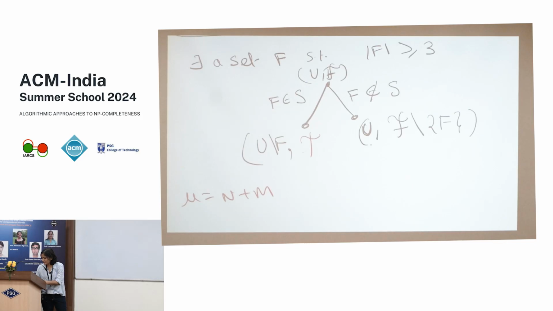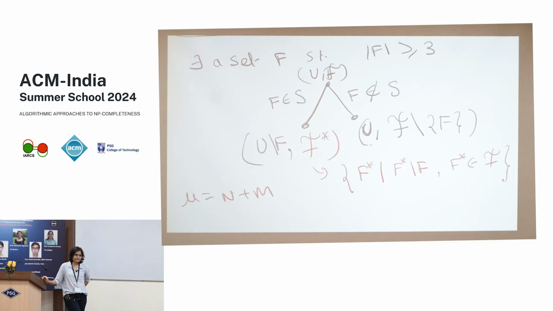Let's say we are constructing a new family F star, where we have all the sets F star minus F. No, we can read the family, right? Reading the family is part of the input. The family size is part of the input size.